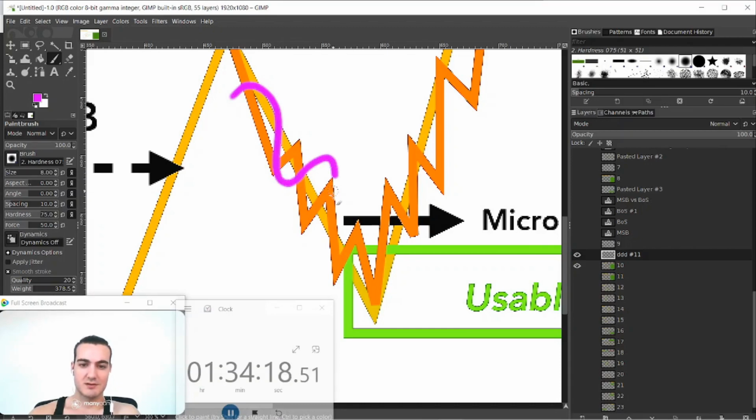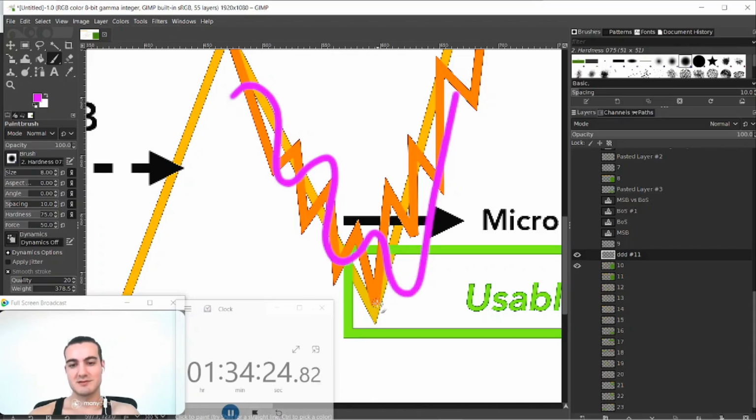Something like this. Whoa, look at that. So this would be the lowest low. This would be the lower high that preceded the lowest low. It would be the market structure break on the low time frame.